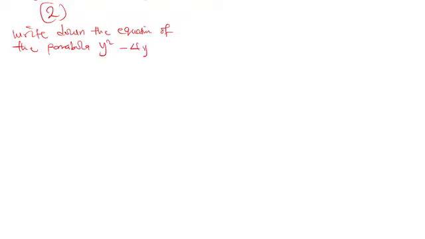Question 2 says, write down the equation of the parabola y squared minus 4y minus 12x plus 40 equals 0 in its conical form.